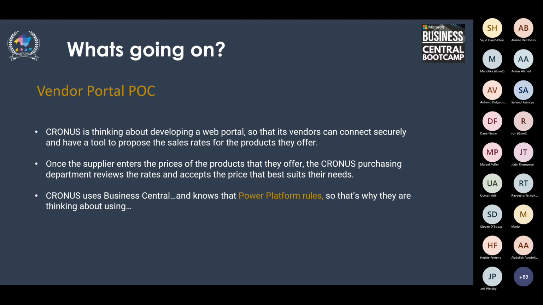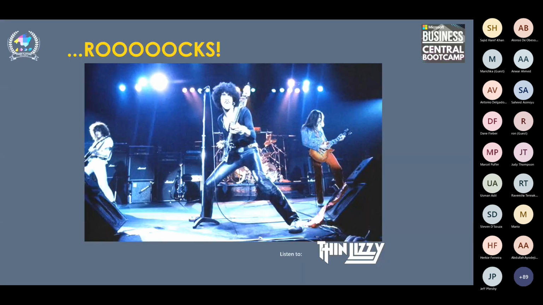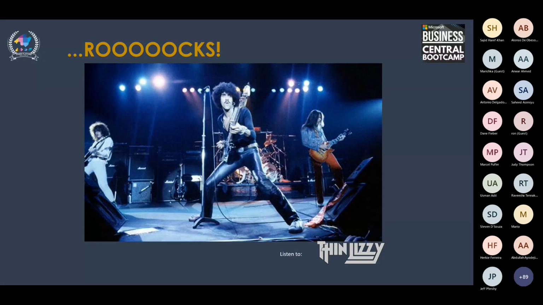So they are thinking about using a killer combo that is pushing Business Central data to Dataverse, and they heard something about Power Pages, so they want to try that cool new member of the Power Platform suite.